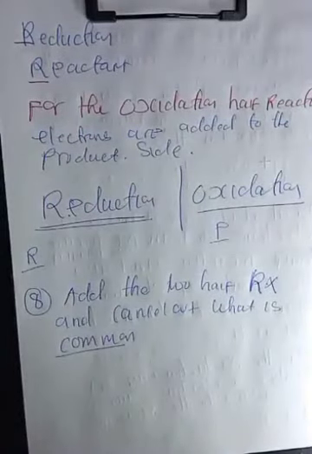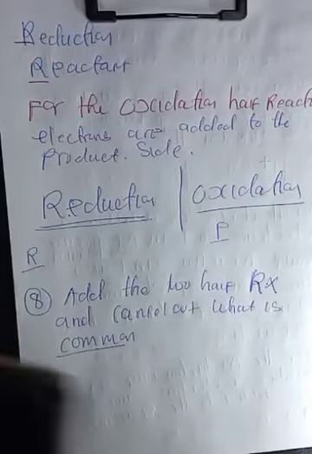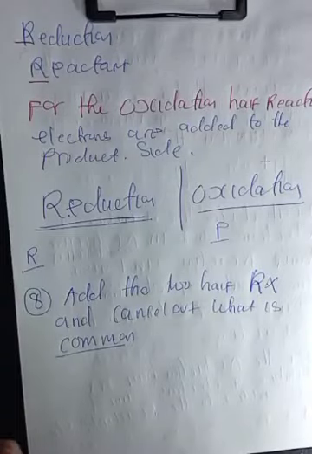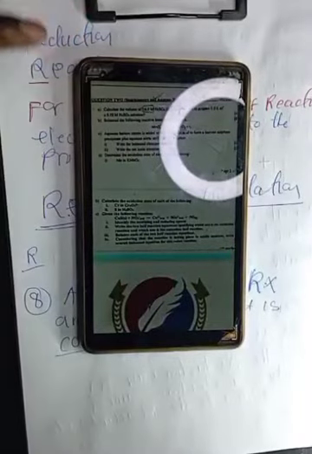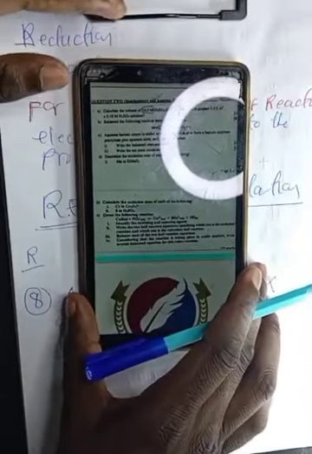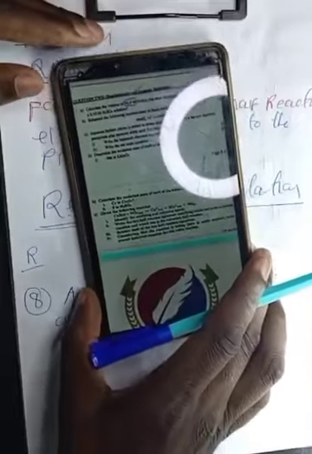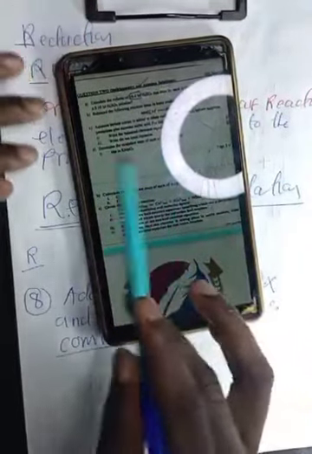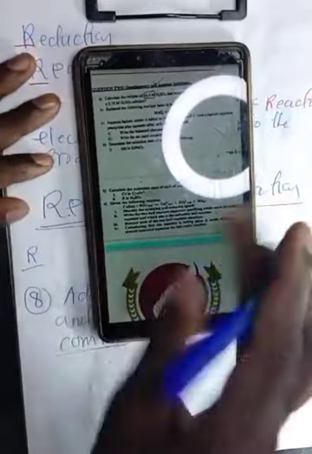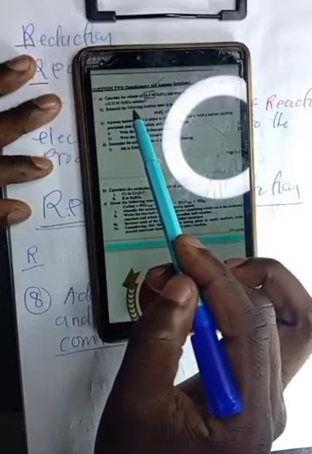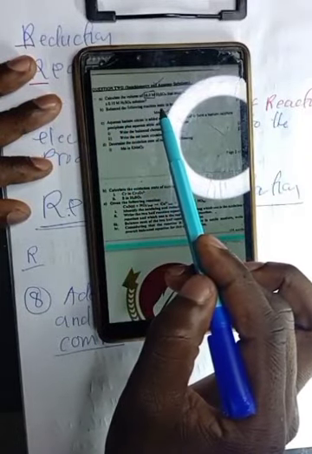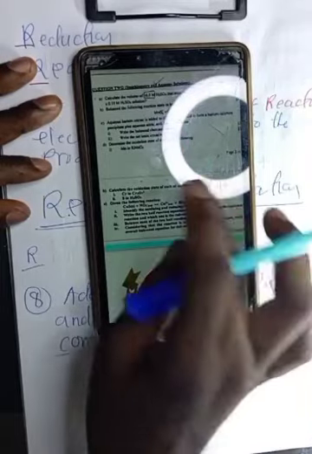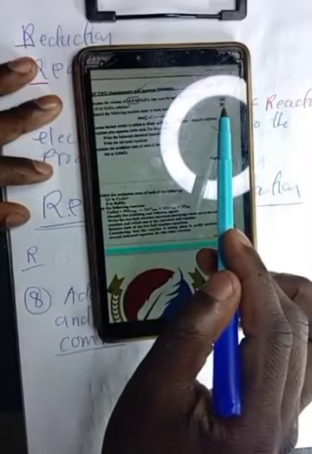So let me just find the question here. I think I have one. So if you check, we have questions here. There is question B here, balance the redox reaction in acidic medium. This reaction was 8 marks in a sessional exam.